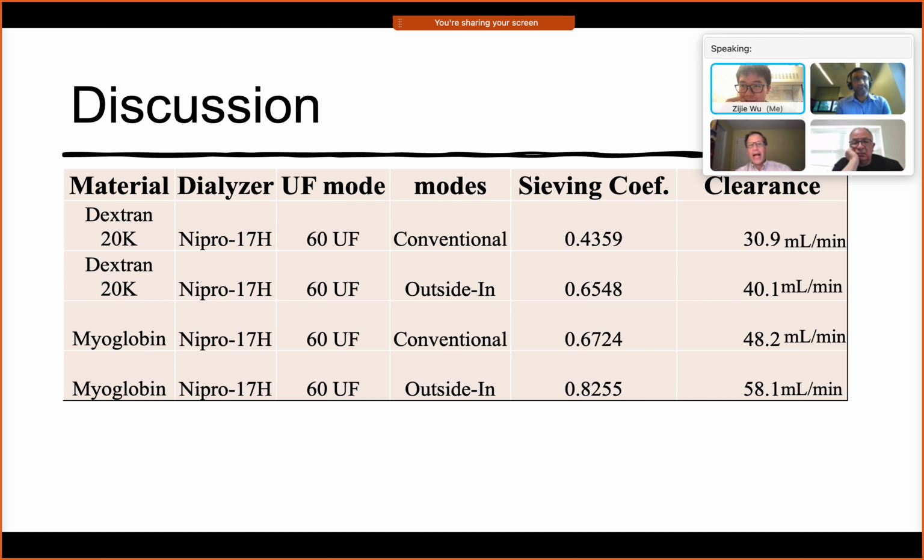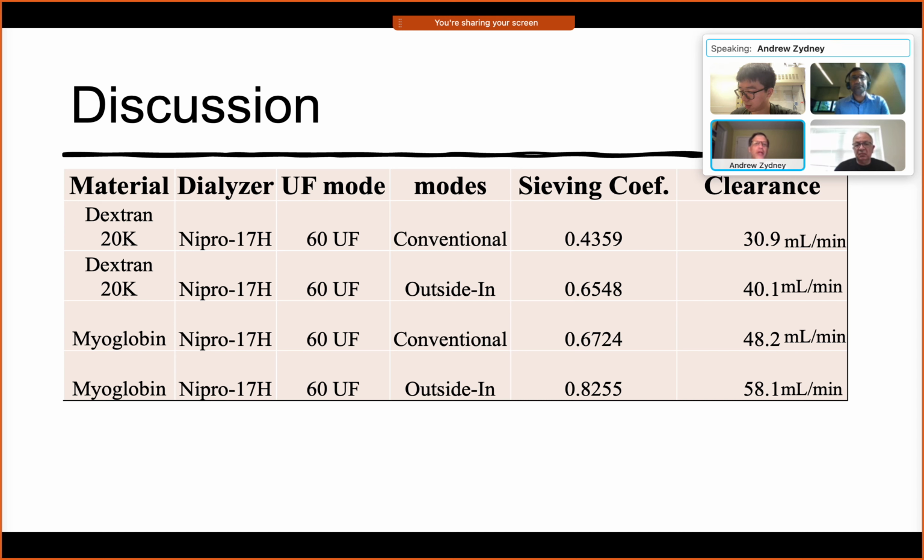Yeah, so in its simplest concept, the clearance has contributions from both diffusion and convection, and the sieving coefficient gives you the magnitude of the convective contribution to the clearance.